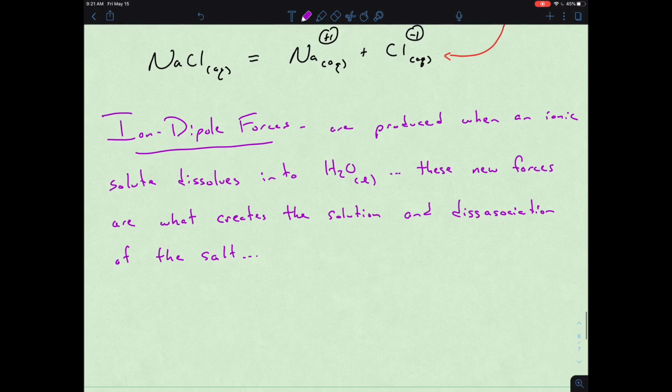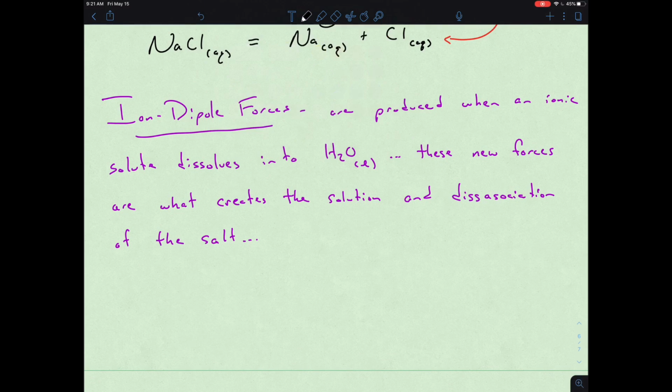So if we look at those two ions, the sodium and the chloride, for the sodium, the water molecules are going to be surrounding the ion, encapsulating the ion, right?